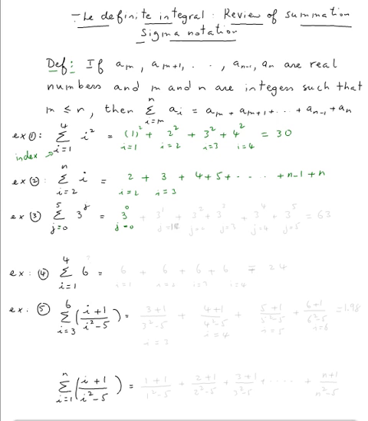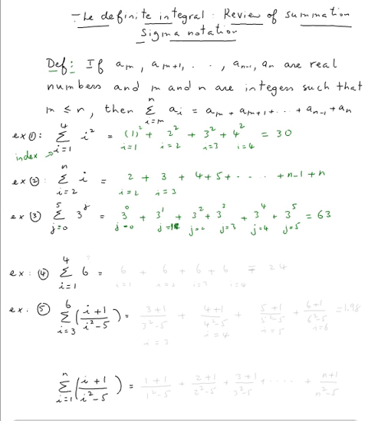So this is 3 to the 0, plus when j is equal to 1, this is going to be 3 to the 1, plus 3 squared, then 3 cubed, all the way to 3 to the 5. So this is j equal 2, j equal 3, j equal 4, and then j equal 5. You don't need to show that, I'm just explaining it here. And then you can just add these numbers. If you add them, it's going to be equal to 63.